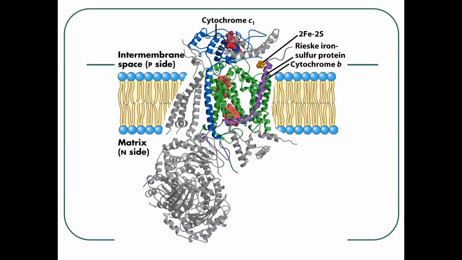The 2 B-type cytochromes are a high potential B-type cytochrome, its E0 is 0.5 volts, and a low potential B-type cytochrome, its E0 is minus 0.1 volts.